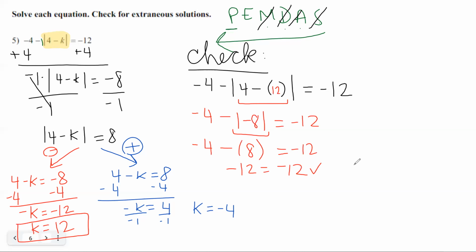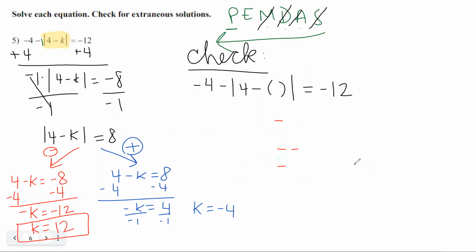Let's go ahead and check it again, but for -4. And just because I'm running out of space here, I'm just going to erase all of this and plug in our -4 case. Now, you guys don't have that luxury, so make sure that you write it down exactly the same as it was, and we have a -4 in there. So -4 minus the absolute value of 4 minus -4.